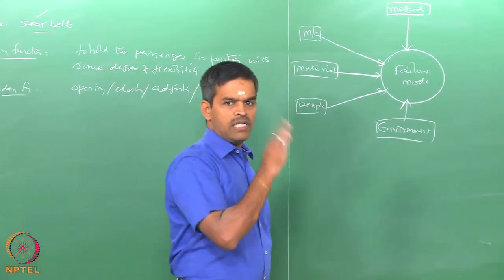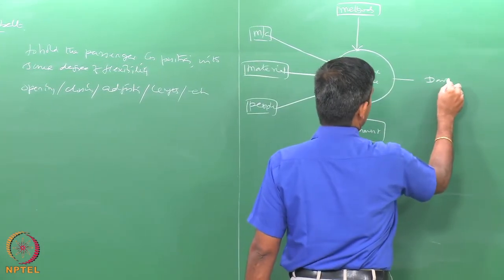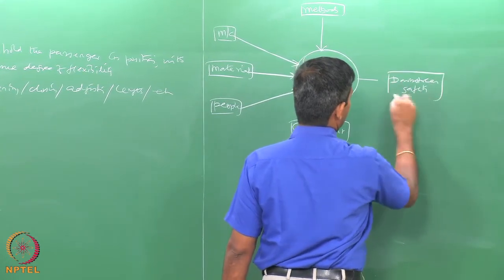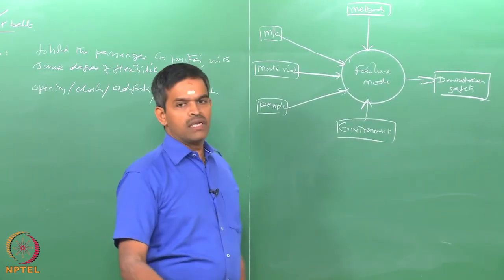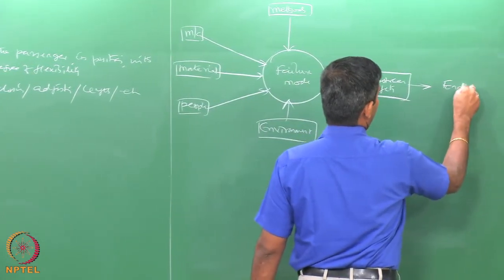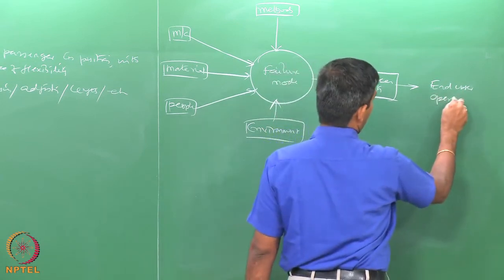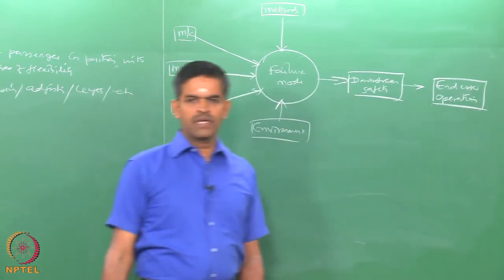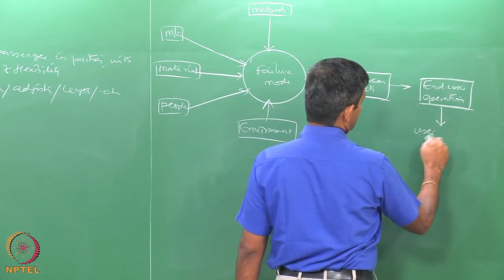The moment the failure modes are identified, then it comes to downstream safety. When the downstream safety is analyzed, it all depends upon the comfortability of the end user operation, how it affects the operation of the end user, and ultimately it will lead to what we call user satisfaction.